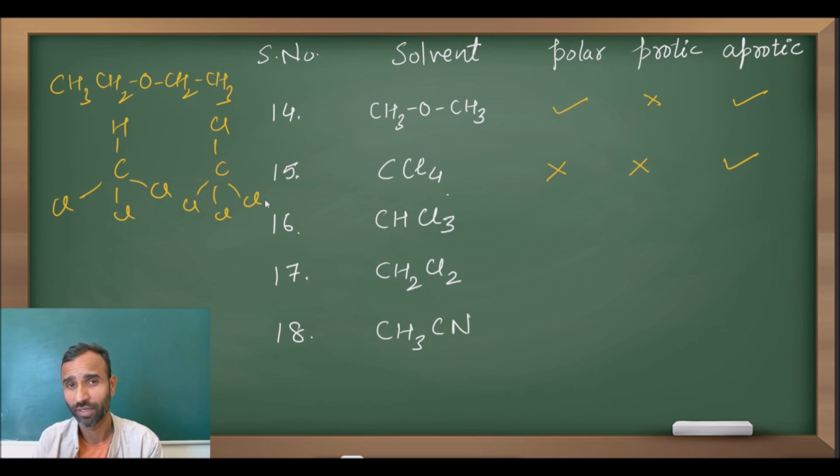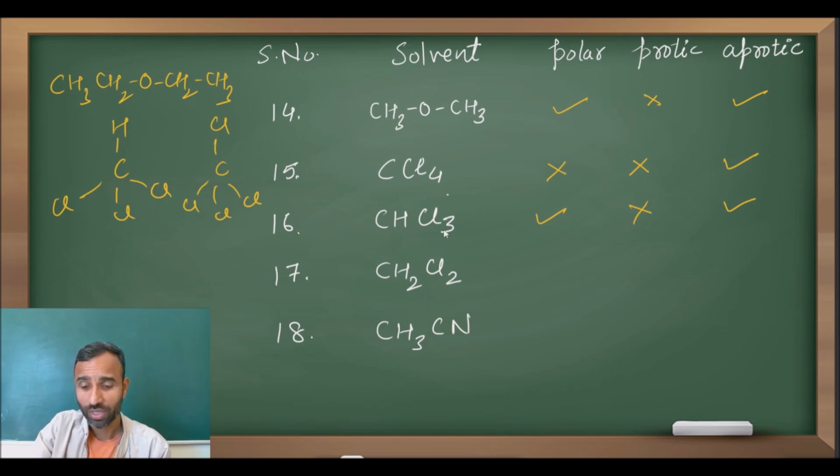But if only bond pairs are there, but the bonds are of different types, like there are 3 CCl and 1 CH, so it is polar. But again, hydrogen is not attached to nitrogen or oxygen, so it is aprotic.